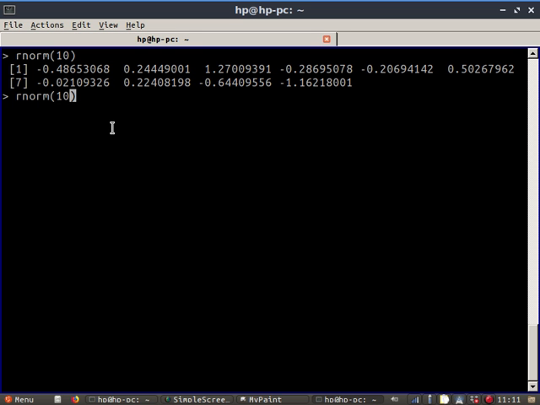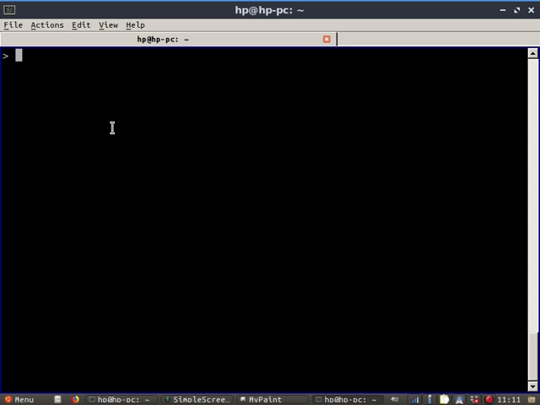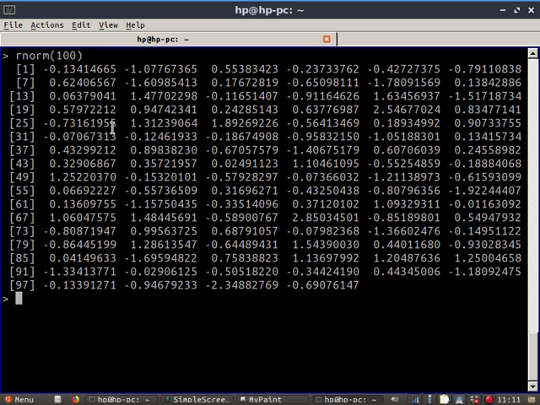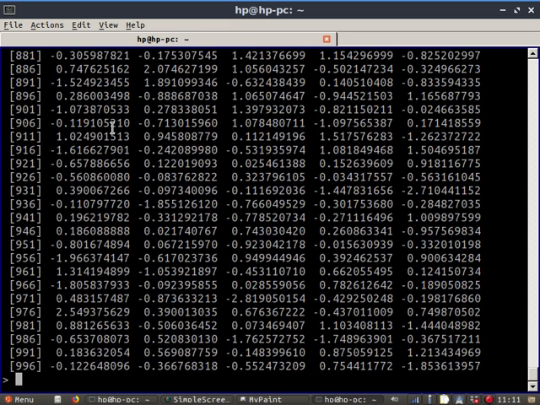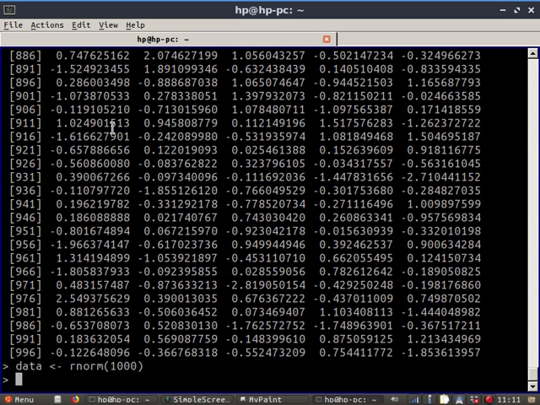Let's generate some more. Let's say 100 values. The average, I'd say it's going to be 0. Now, I can calculate it for you. There's 1,000 values. Let me save the 1,000 values as data.